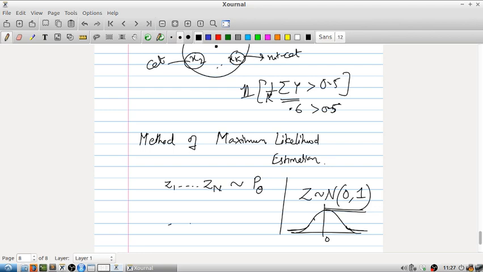And the probability that z takes a value, let's say minus 0.5, is this vertical bar there. That's the example that we saw at the beginning of the class. So let's say z1 to zn are drawn from the standard normal. Here I've just put p of theta. Why did I put a subscript theta? Because I want to say, for example, in general this can be.